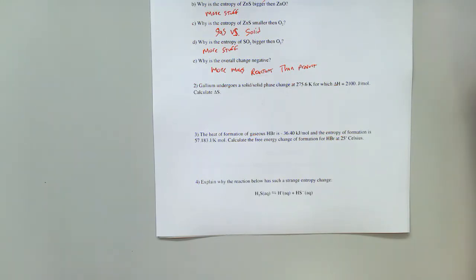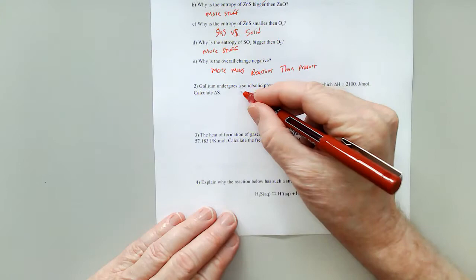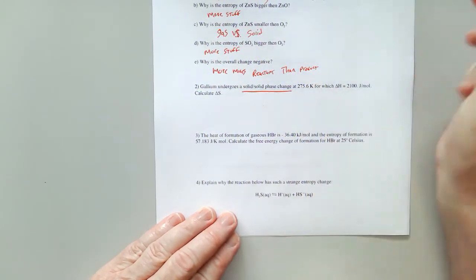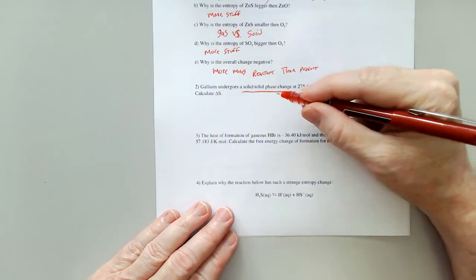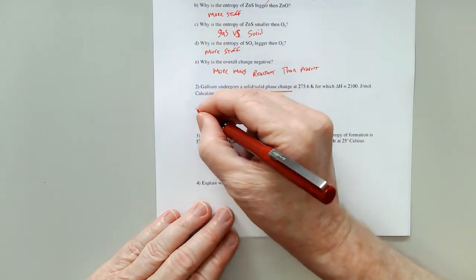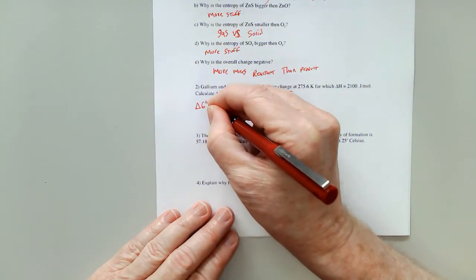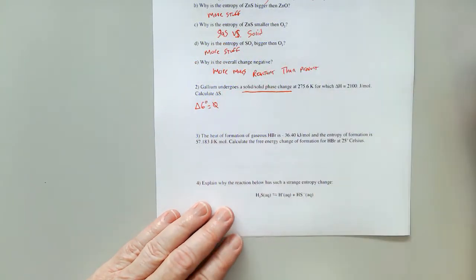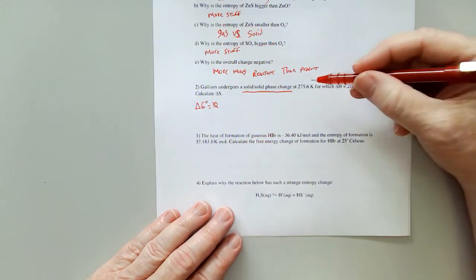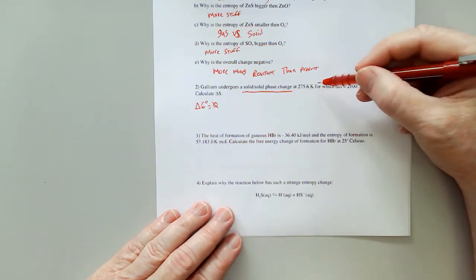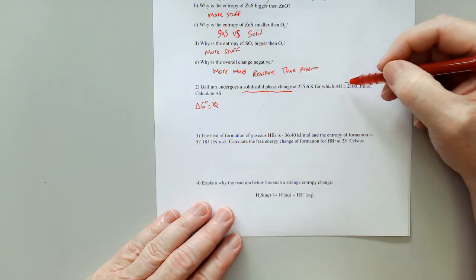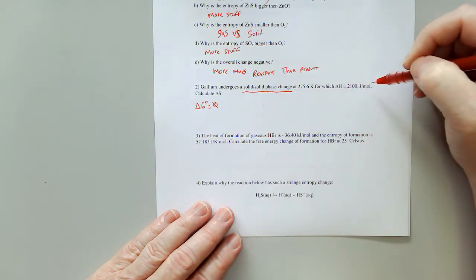Now, number 2, gallium undergoes a solid-solid phase change. Immediately what I'm clueing into is that delta G naught equals 0 for phase changes. It happens at 275.6 Kelvin, and the delta H for that is 2100 joules per mole.